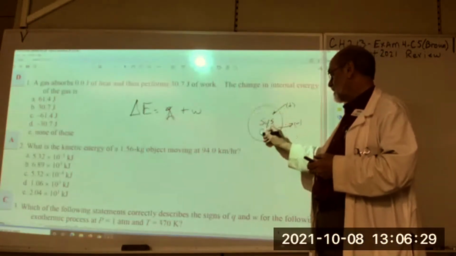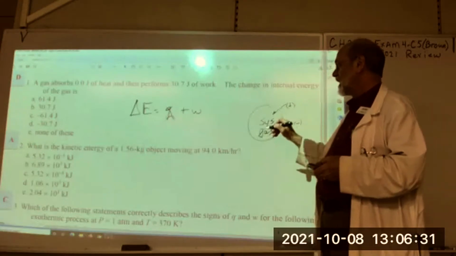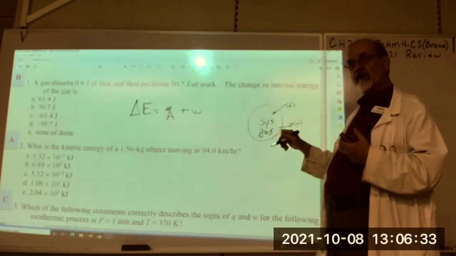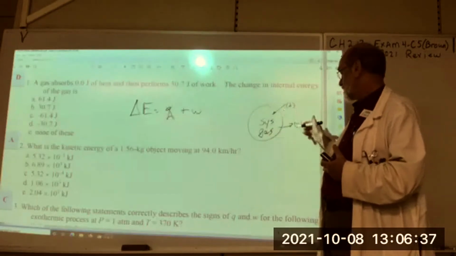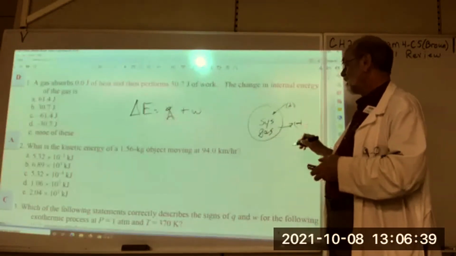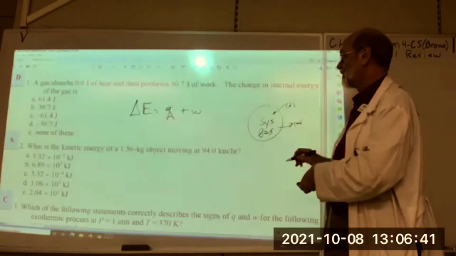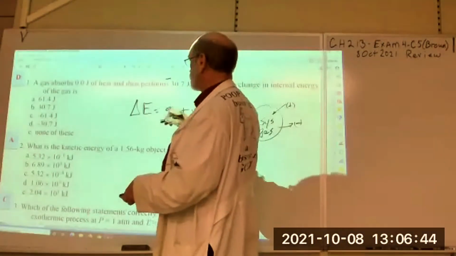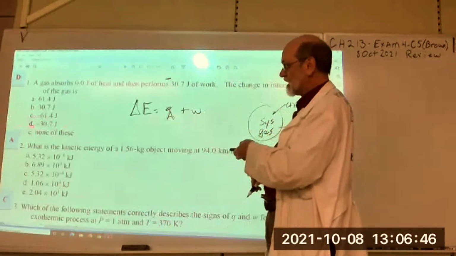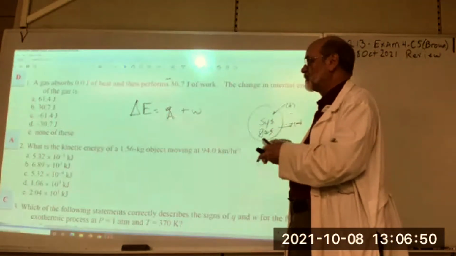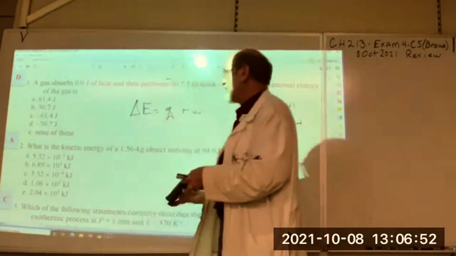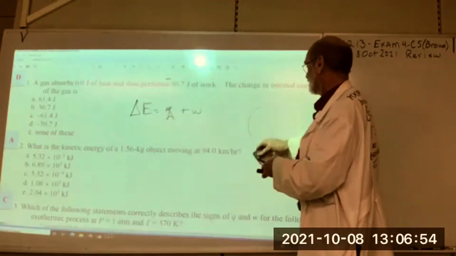And if it performs work, which way is the work going? It's going out, so it has to be negative. It's negative 30.7 joules. So that's why the answer is D. That was just a review of that formula and sign convention.